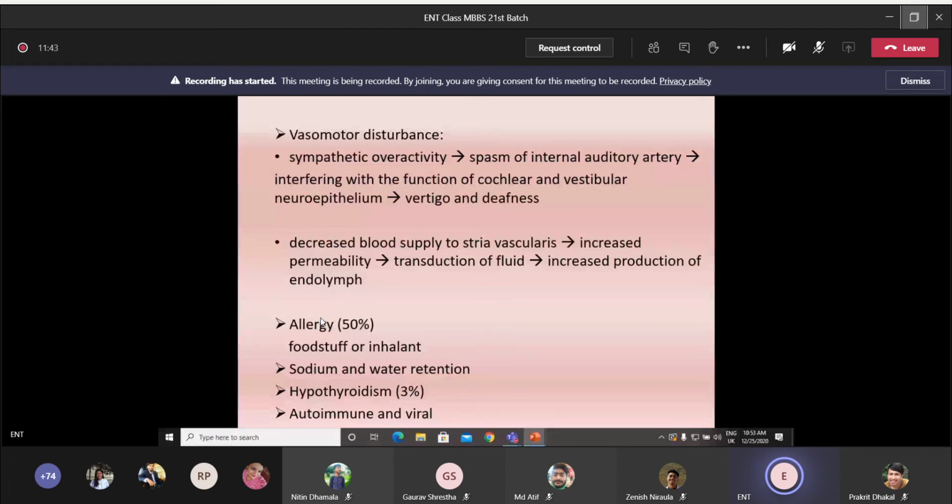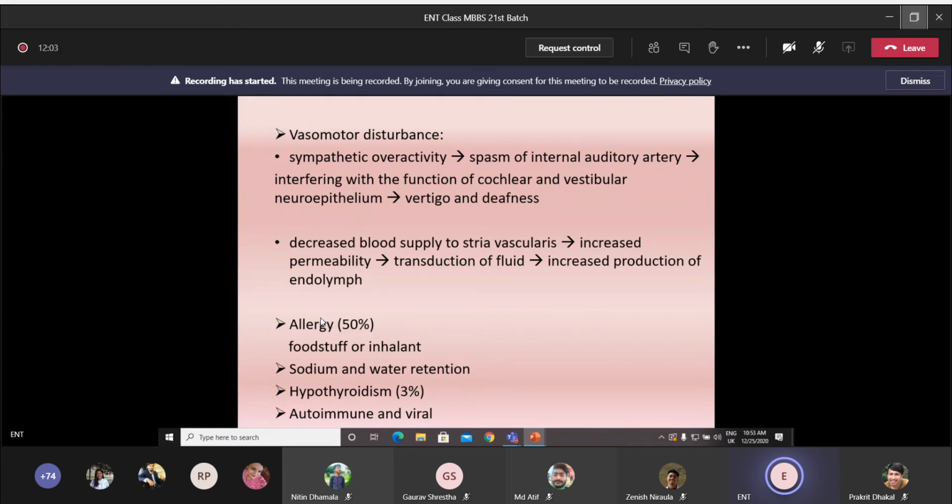And then the other theory is allergy, which could be due to food or inhalants. It has been seen that around 50% of patients with Meniere's disease have allergy. Another is sodium and water retention, which could also lead to endolymphatic hydrops.